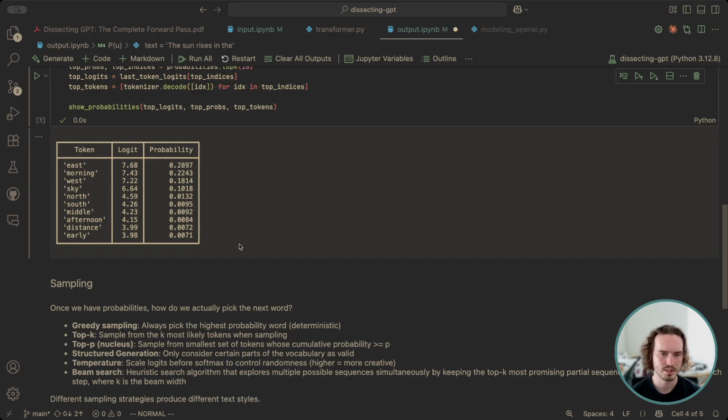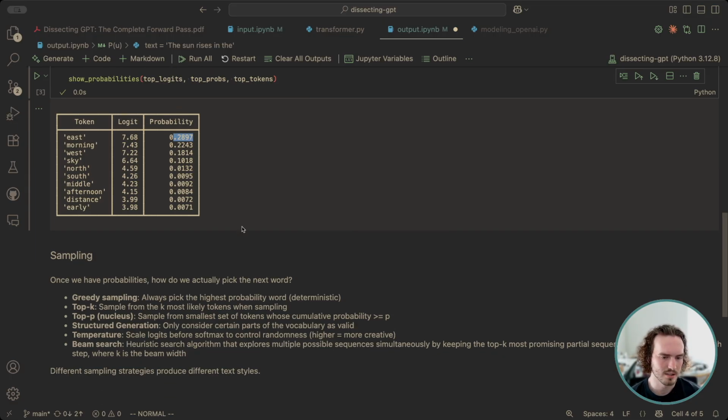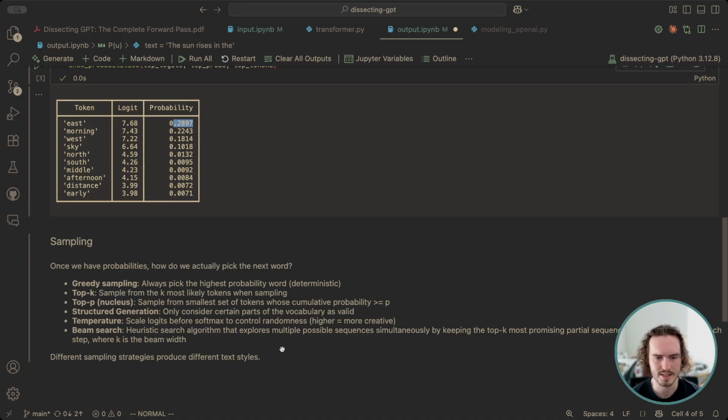Turning up the temperature would shrink that gap, so maybe all of these things end up around 0.2 or something. If we have a low temperature, the opposite is going to happen. All of these values would shrink, and then this one would balloon up to very high. So temperature affects what the probability scores actually end up being, and therefore how you can select from them. Different sampling strategies produce different text styles.